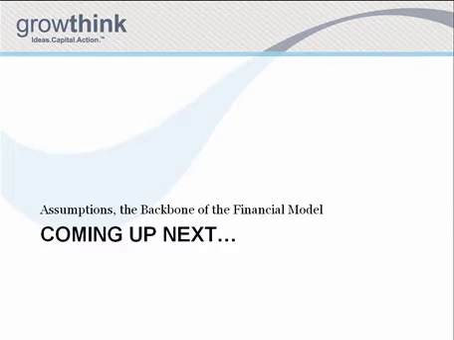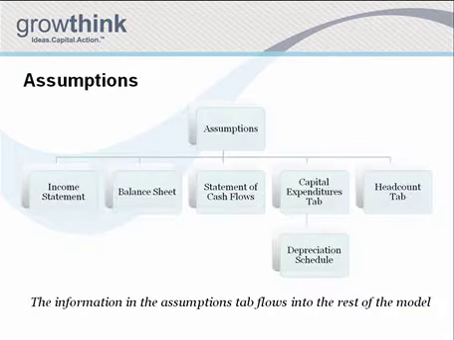So next, I'm going to walk through the assumptions, which are the backbone of the financial model. What's key is you'll see the financial model is a bunch of worksheets in Excel working together and linked together, but it's all based on the assumptions. So how many units you're going to sell, what the price is, what your salaries are, and we're going to walk through that. So the information in the assumptions tab of your financial model flows into the rest of the model.